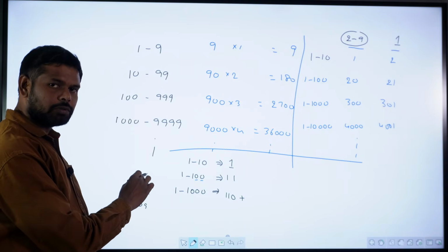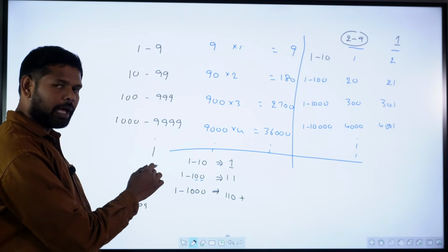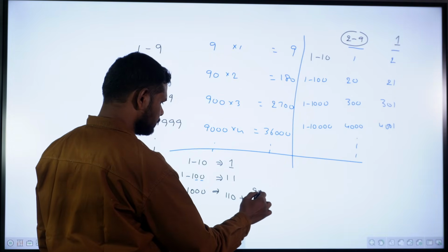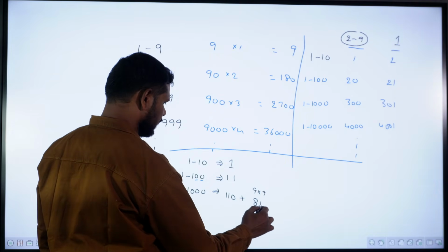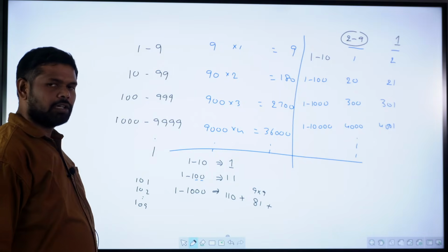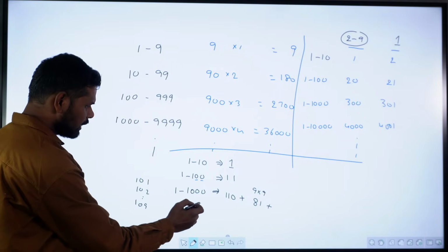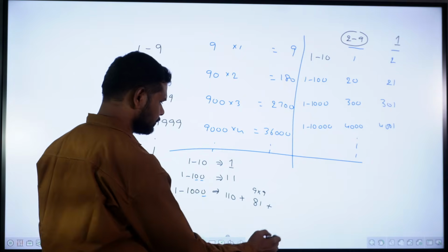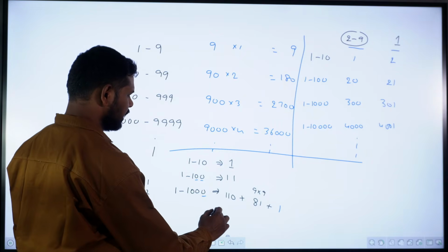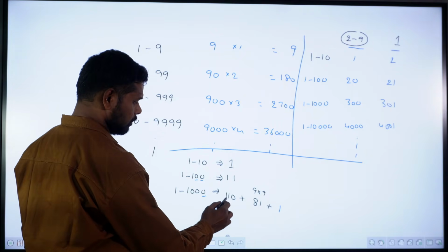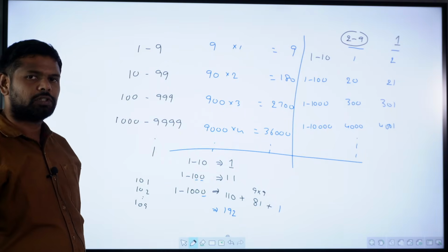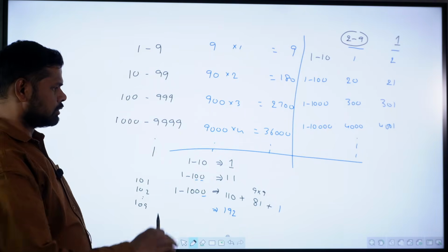Similarly 201, 202, 301, 401, until 9 times 9 zeros. So 9 into 9, 81 zeros, plus 1 zero extra in 1000. That's clear? So the total number of zeros is 192.